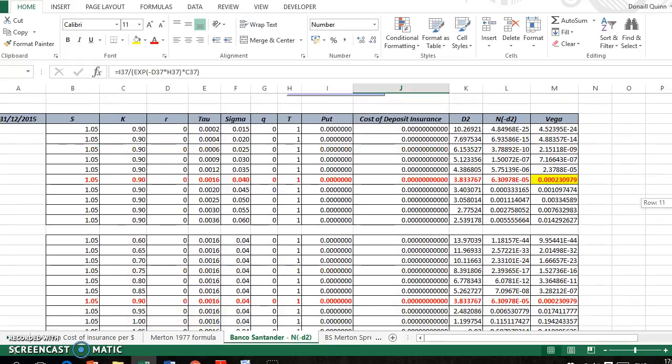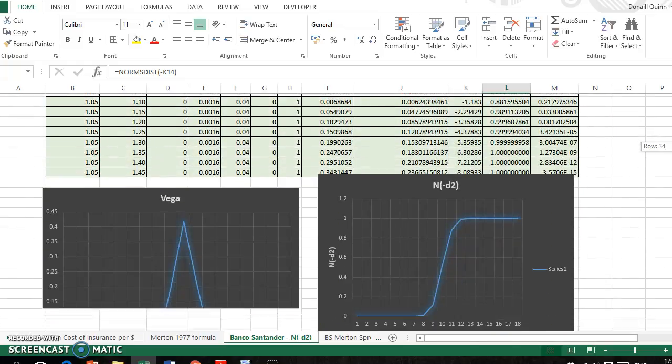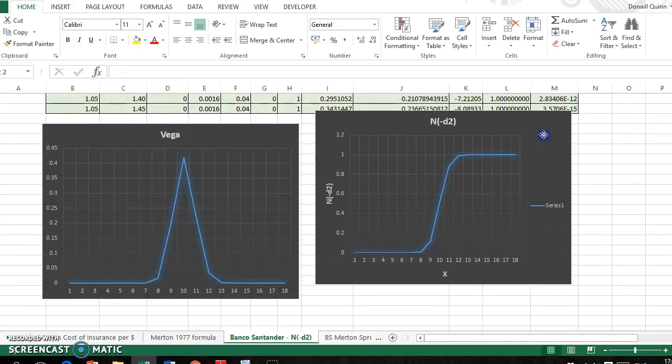I also derived the D2 values using the standard VBA code. Got the negative normal distribution of D2 and the Vega values, and I put them in charts.